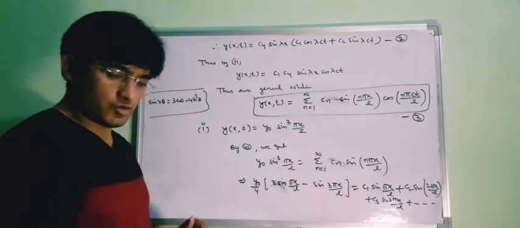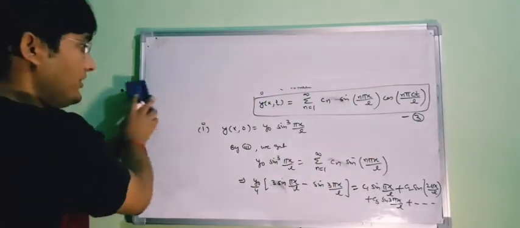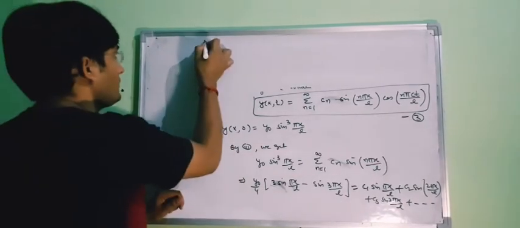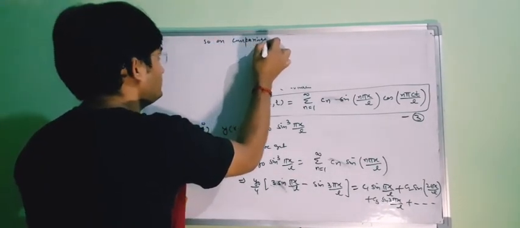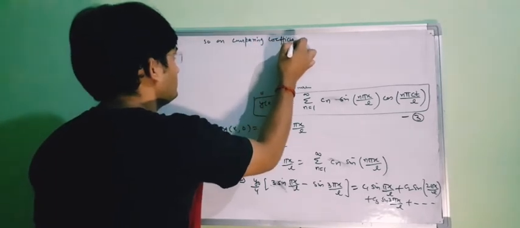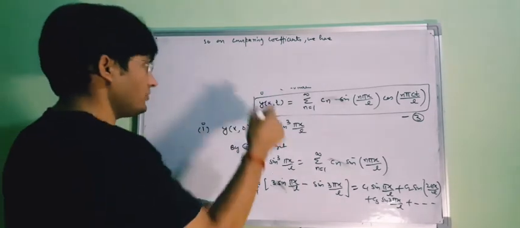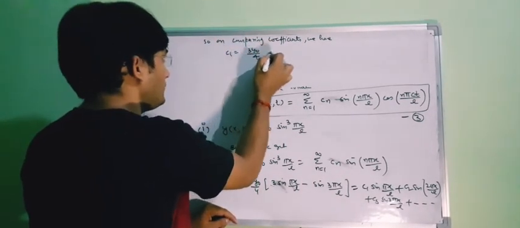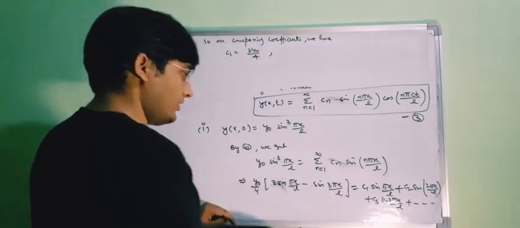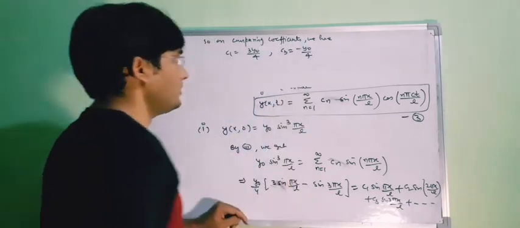So on comparing the coefficients on both sides, we have, your C1 will be 3y0 upon 4 and C2 will be 0, and then C3 will be minus y0 upon 4.